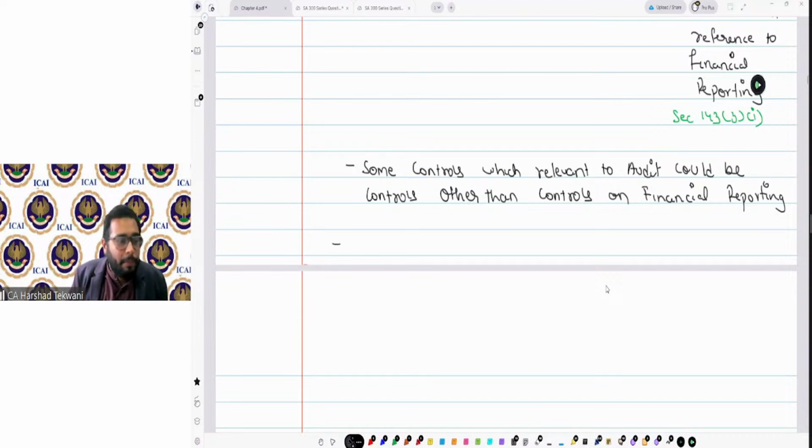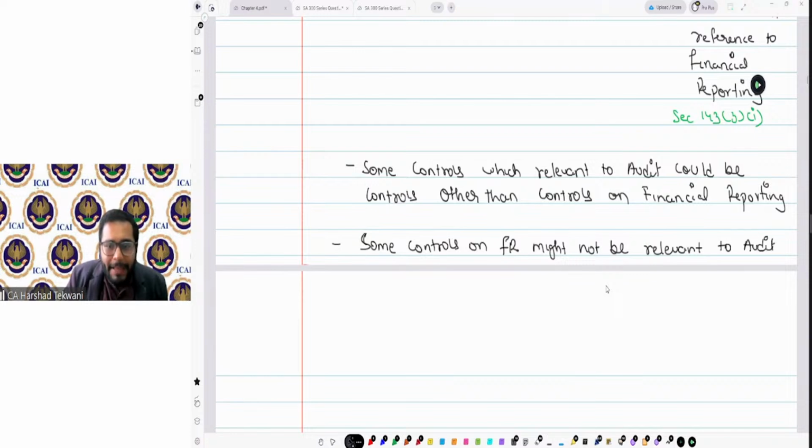It could be that some controls on financial reporting might not be relevant to audit. Both of the examples can be possible.